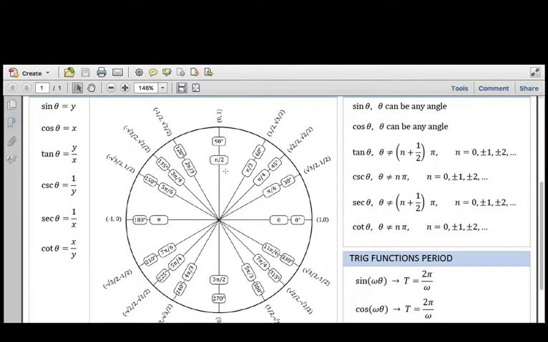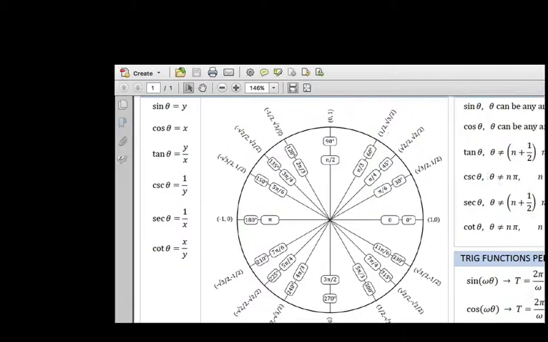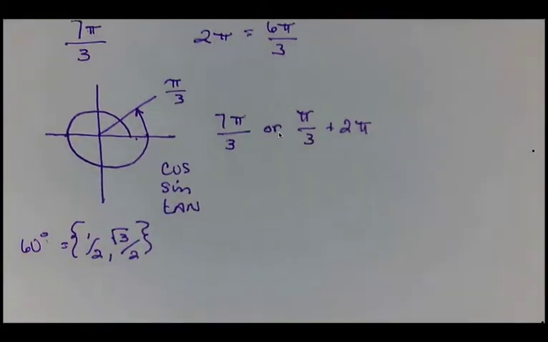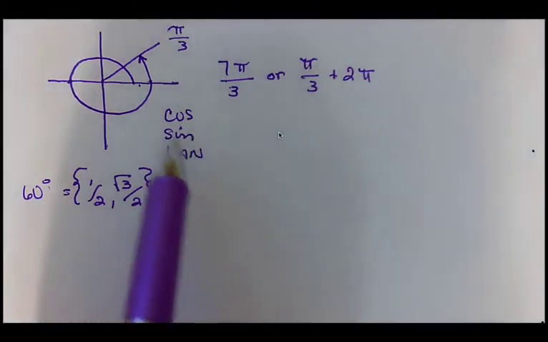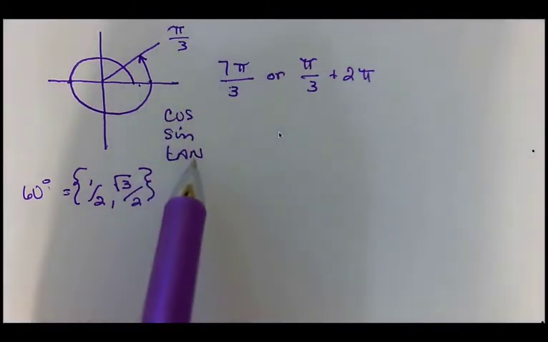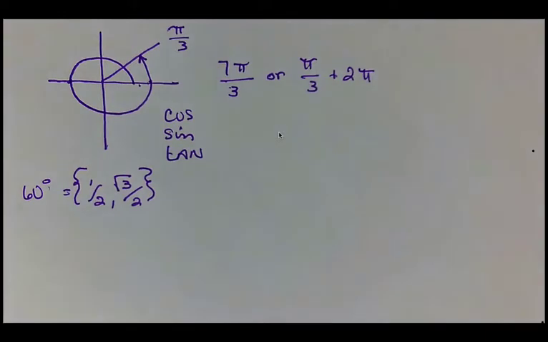Pi over 3 is your 60 degrees, which gives you 1/2 and the square root of 3 over 2. I can solve all my 6 functions now at this point.